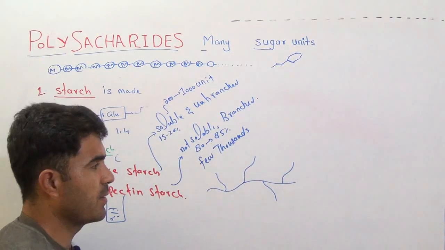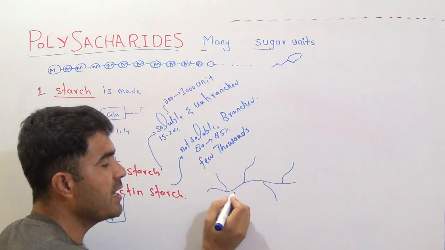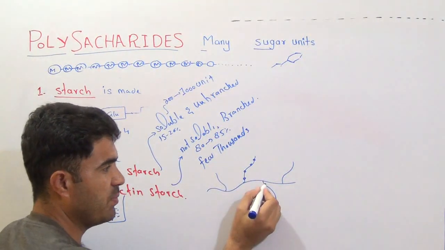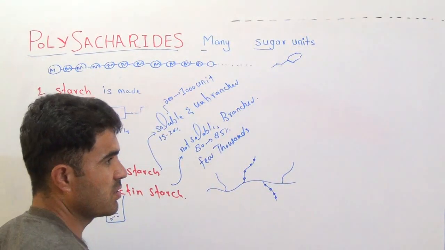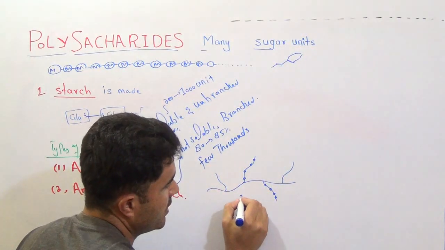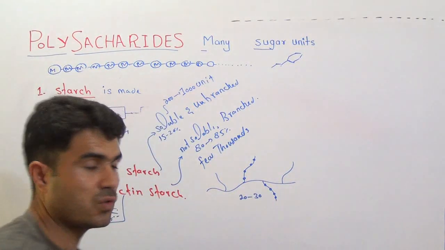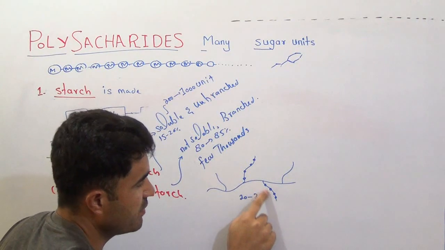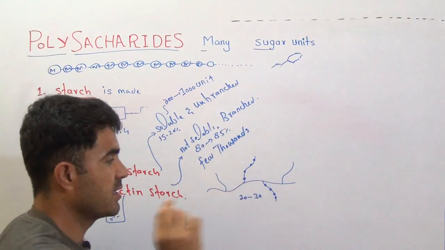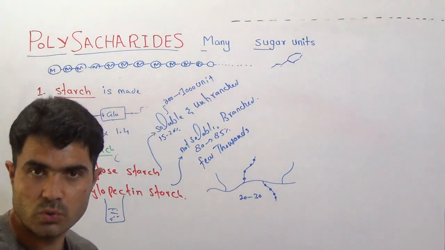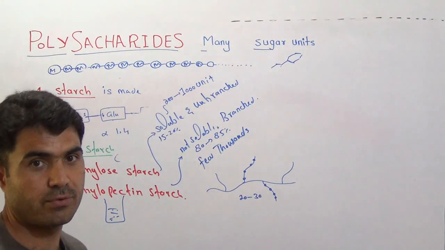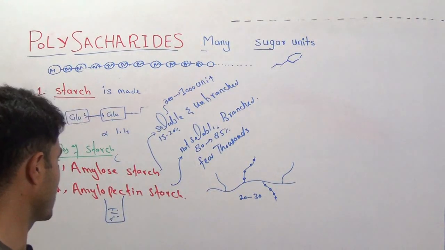How many units are there in one branch? From 20 to 30 glucose units. If this is one branch, it contains 20 to 30 glucose units, but overall amylopectin contains thousands of glucose units in its structure.